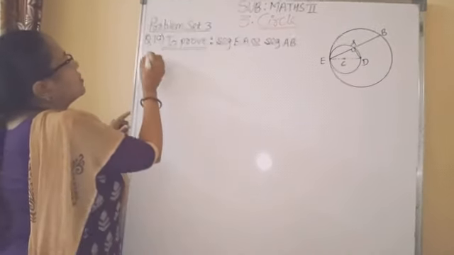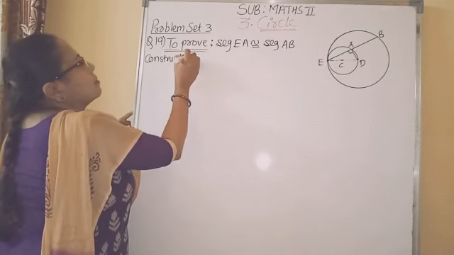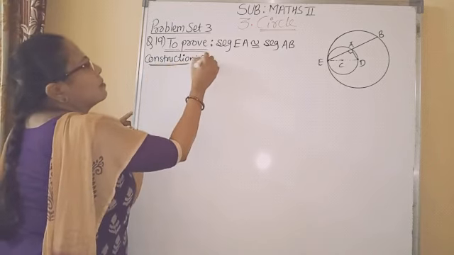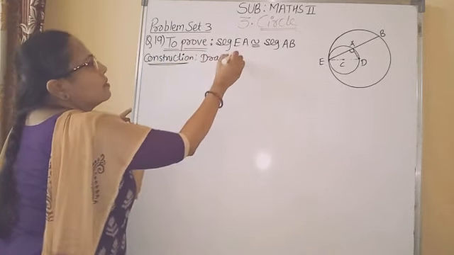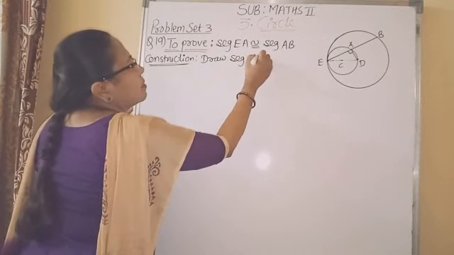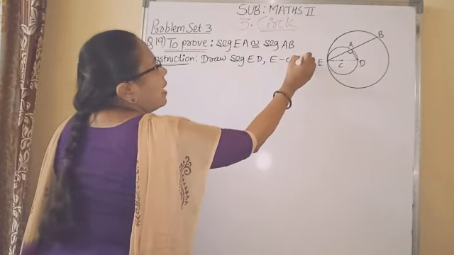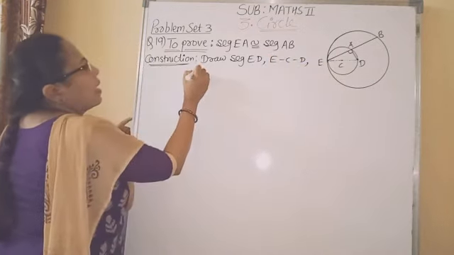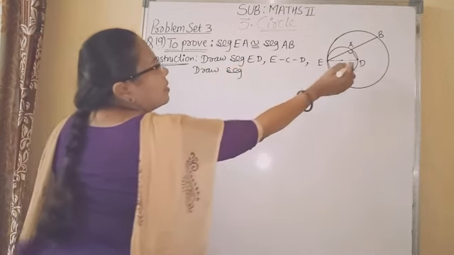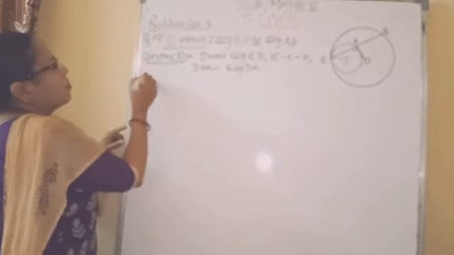Okay, so let us start the proof. First write the construction. Draw segment ED, and between this we have E-C-D. Draw segment DA. Now prove.